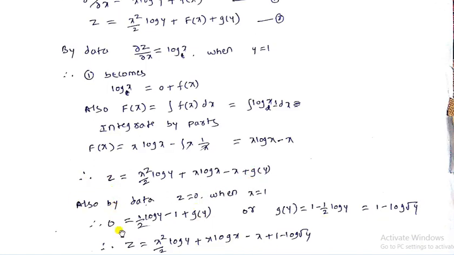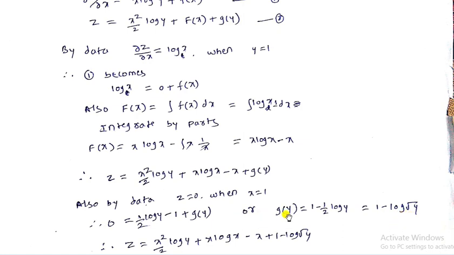So z value is 0, x is 1. So 1/2 log y minus, since log 1 is 0, the complete term is 0, plus g(y). So we get the g(y) value as 1 − 1/2 log y, or 1 − log of square root of y.